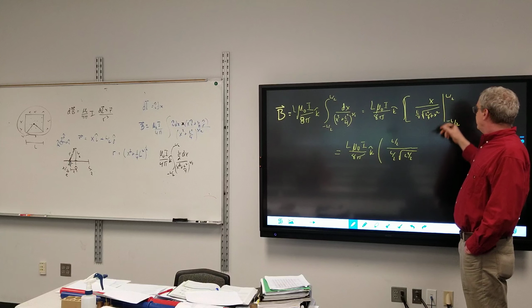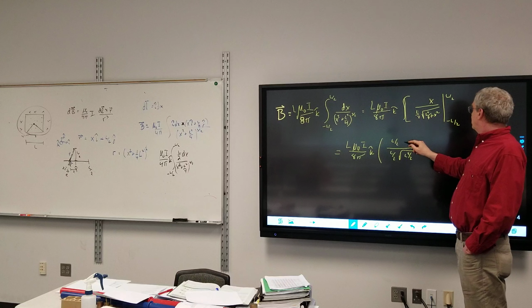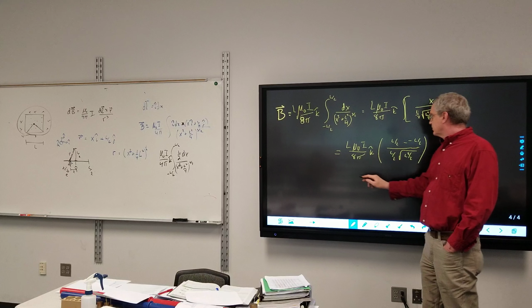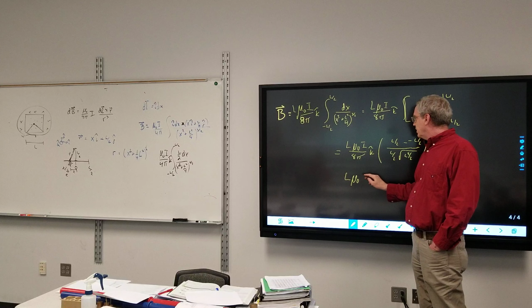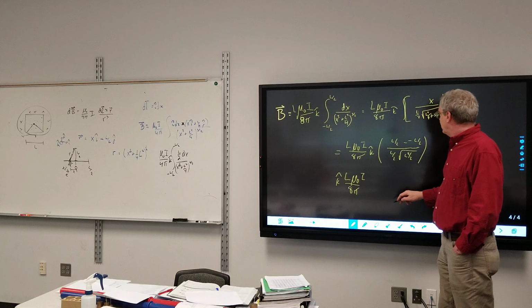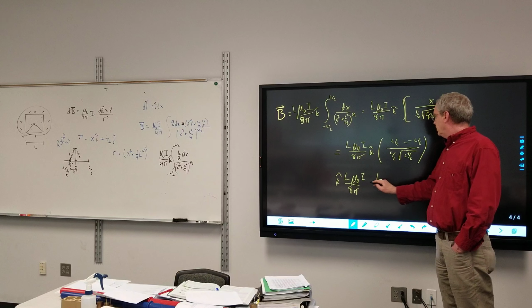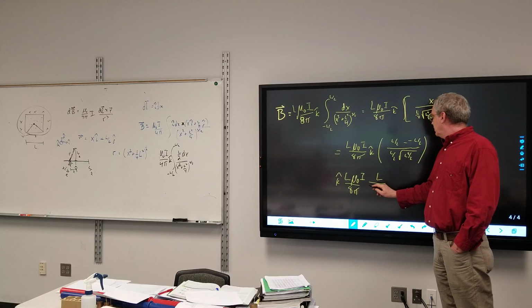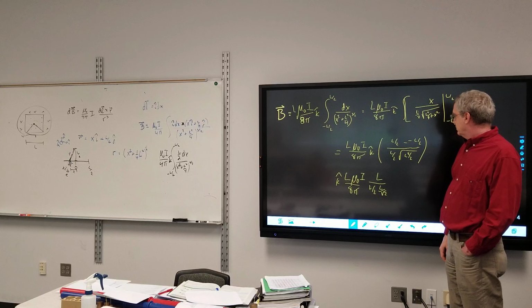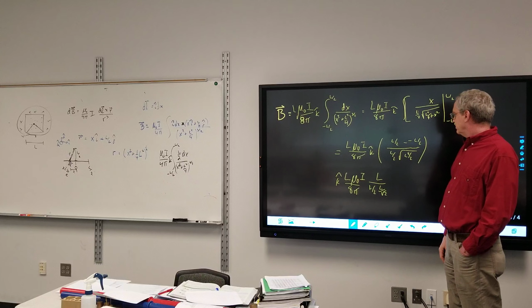And then plug in the negative, minus negative L over 2 over the same denominator. So L mu naught, I'll stick the k out up front, 8 pi, we get L over 2 times L over square root of 2. And my L's cancel out.